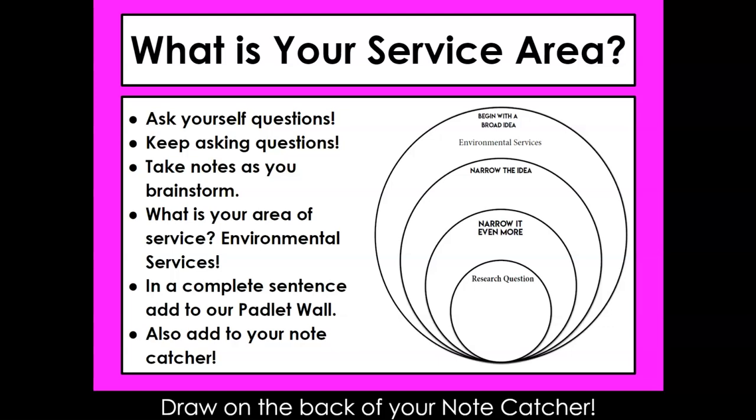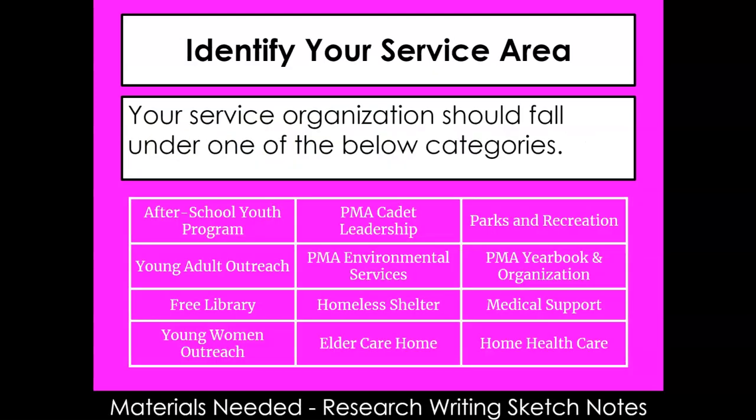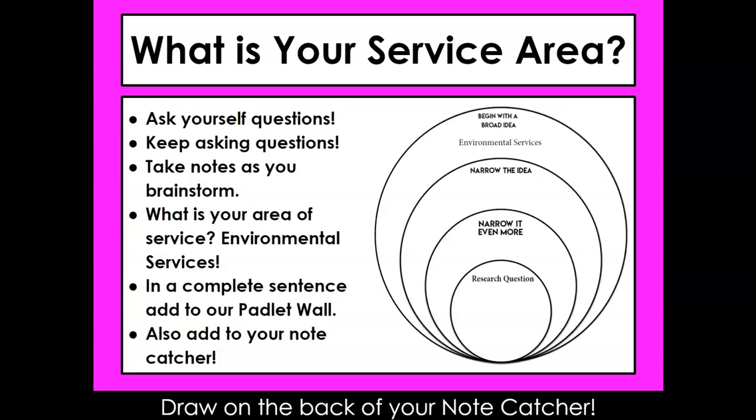And that should have been answered by one of these categories. But if it's not, then go on to the next question. What was the mission of my organization? What does my organization do? And then what did I do within my organization? If you ask yourself these questions, I feel like you should get to that broad idea.